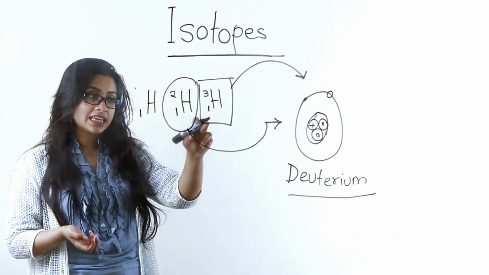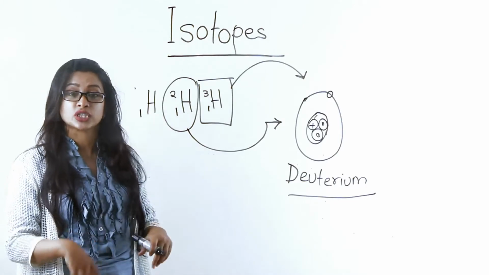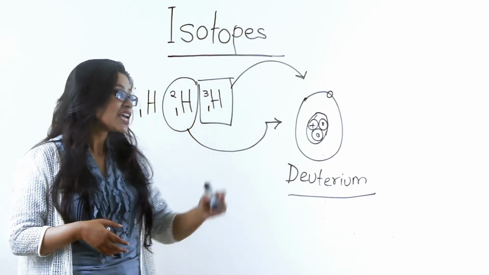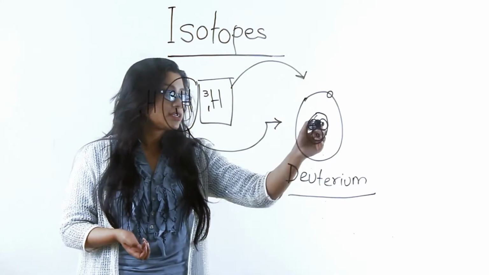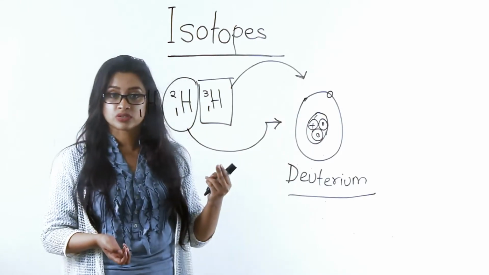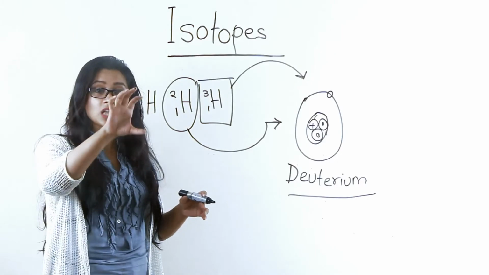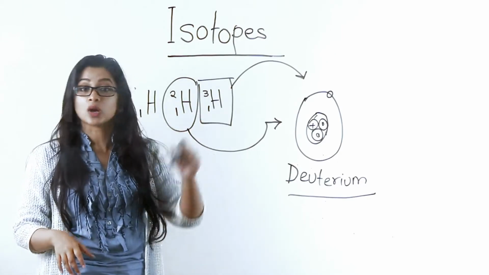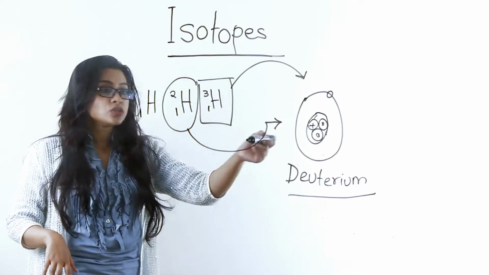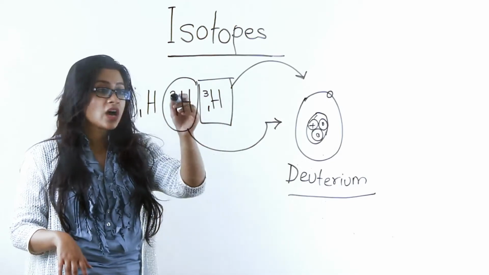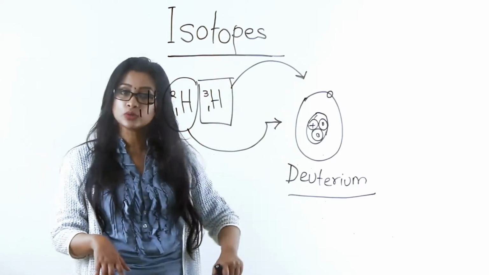So if we move our attention right back here again, we see that in case of this isotope of hydrogen, the third isotope of hydrogen, the only thing that differs is that there are 2 neutrons that are not present in the original or the single hydrogen, of which these 2 are isotopes. The neutrons aren't present in here, but here you have 1 neutron and in here you have 2 neutrons.